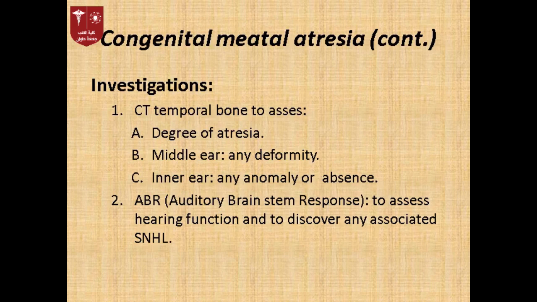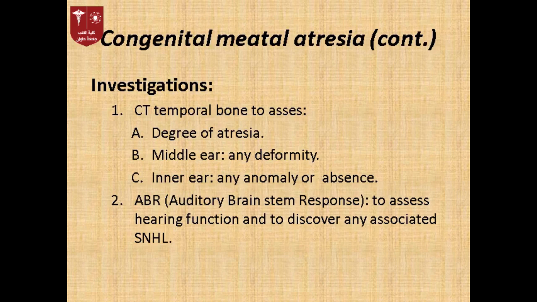Number two, I need functional assessment of hearing sensitivity. As this patient is always an infant or a child, I cannot rely on the subjective methods of hearing assessment. I need another method which is called the auditory brainstem response, ABR. What is ABR?